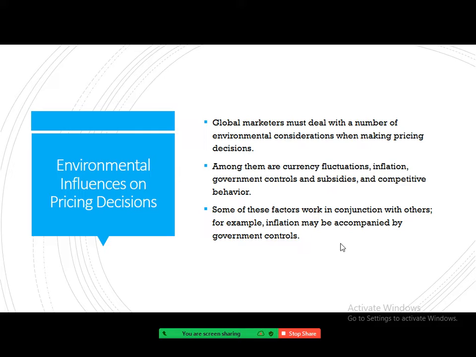Global marketers must deal with a number of environmental considerations when making pricing decisions. Among them are currency fluctuations, inflation, government control and subsidies, and competitive behavior also. Some of these factors work in conjunction with the others. For example, inflation may be accompanied by government controls.